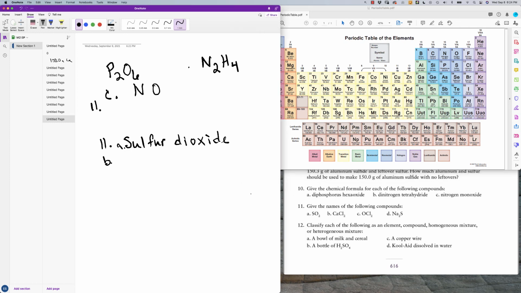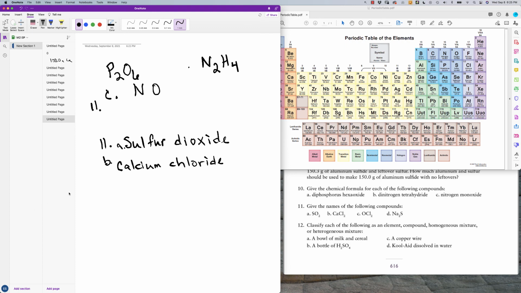When you have metal and non-metal, that means that you're dealing with ionic. Ionic means that you use the first element, which in this case is calcium, and then you use the second name and change the ending of it to IDE. Calcium chloride.